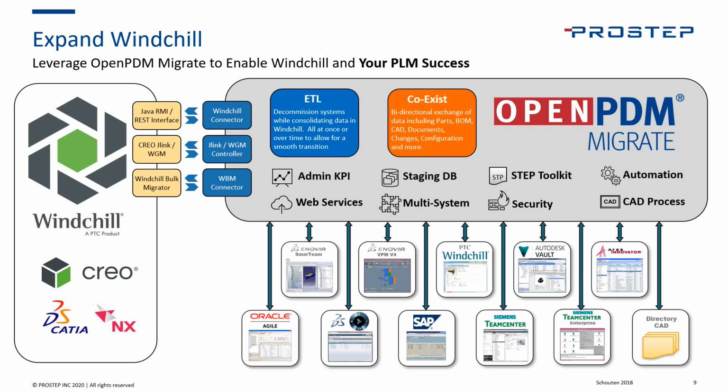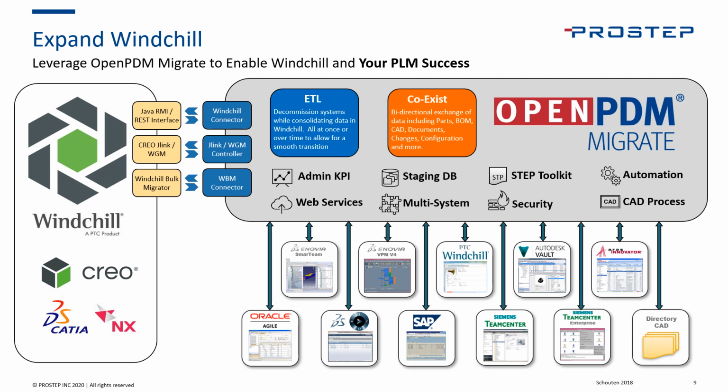So we have leveraged that within OpenPDM Migrate in order to get data from our source staging database, and map that into a Windchill bulk migrator compatible target staging database so that it can be imported through that channel. That supports quite a bit of the data and does that pretty efficiently at high performance. It does not support all data types, so there could be some gaps where you would need to use other types of APIs. So we also support our Windchill connector.